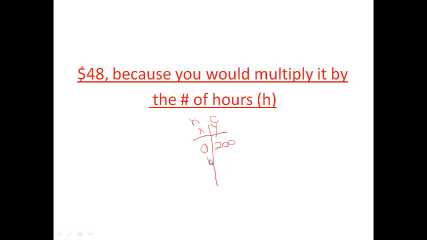At 1 hour, it would be 1 times 48 plus 200. At 2 hours, it would be 2 times 48, which is 96, plus the 200, so it'd be 296. So see, this is our rate of change. It's adding 48 here, 200 plus 48, and then 248 plus 48. So the number that you're multiplying by the variable is going to be your rate of change.